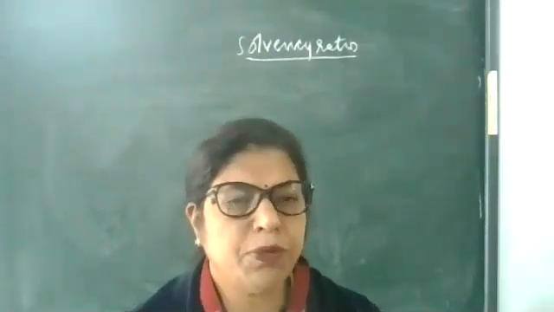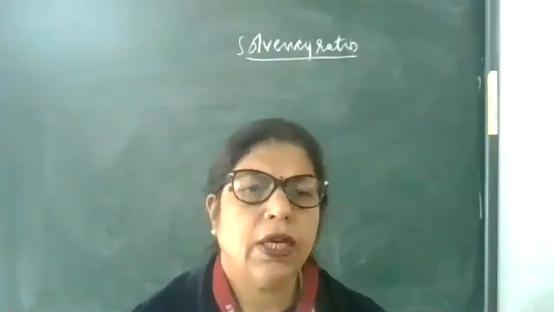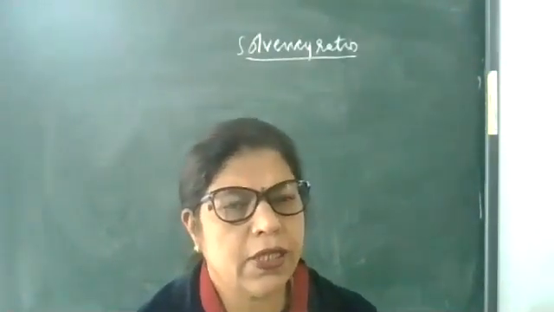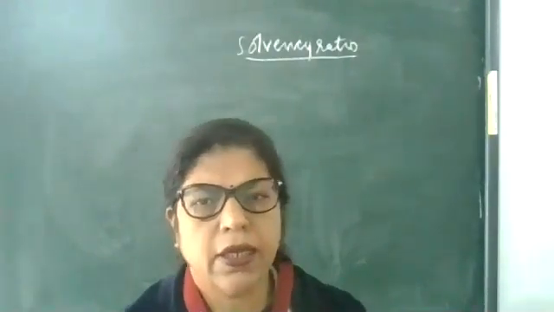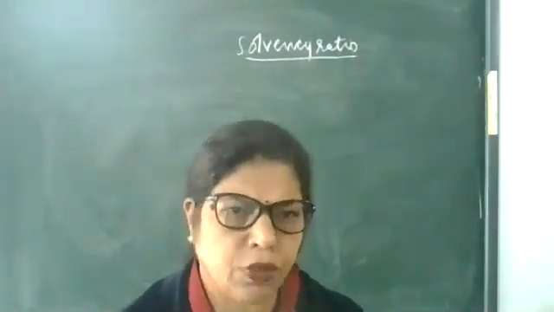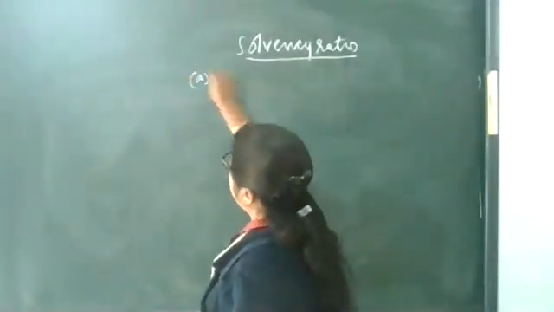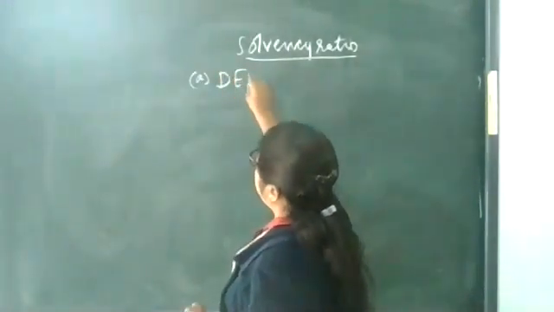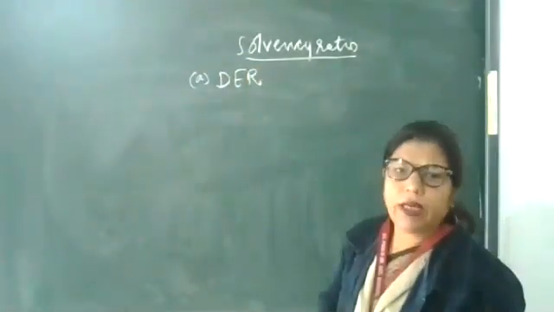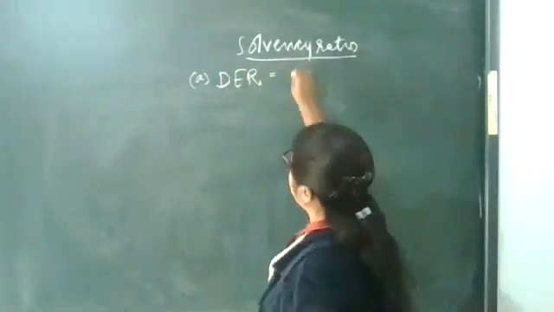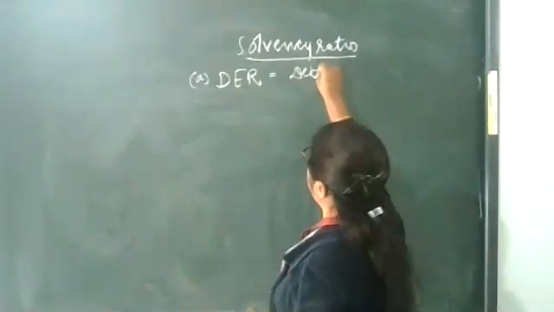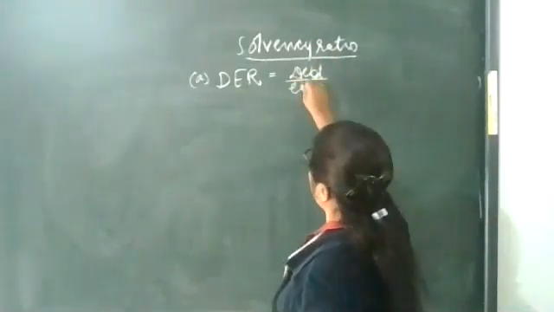So the first ratio which we calculate here is DER, debt equity ratio, and the formula is debt upon equity.